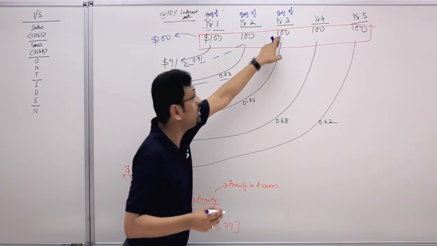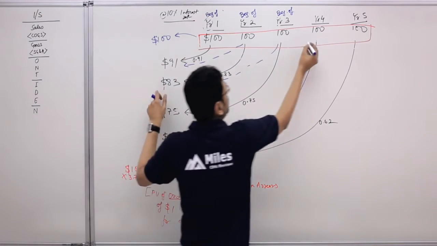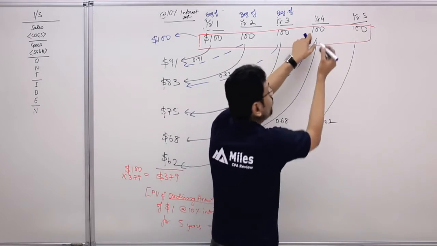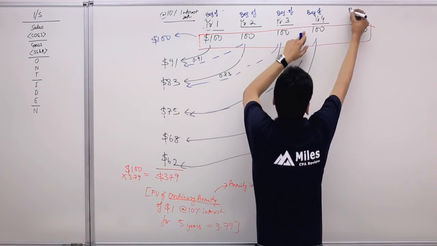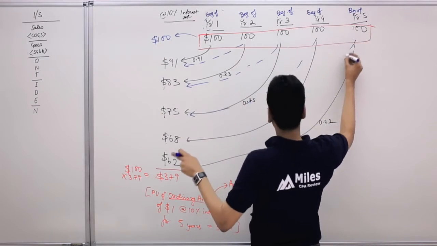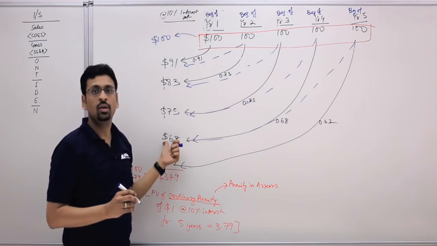Now, this $100 is coming in at the beginning of year 3, so it's worth 83. $100 at the beginning of year 4 is worth 75. So, beginning of year 4 is the same as ending of year 3. Beginning of year 5 is the same as ending of year 4, and it's worth $68 today.